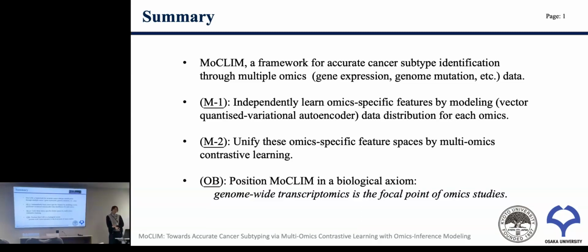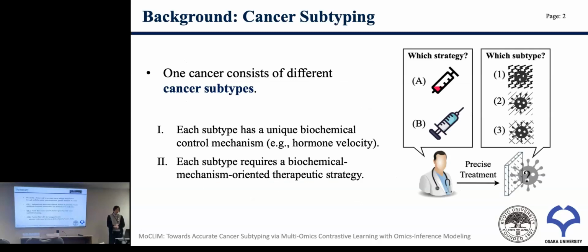In the second module, we unify these omics-specific features by multi-omics contrast learning. In these modules, we also ground our framework in an important biological axiom: genome-wide transcriptomics is the focal point of all the omics studies.